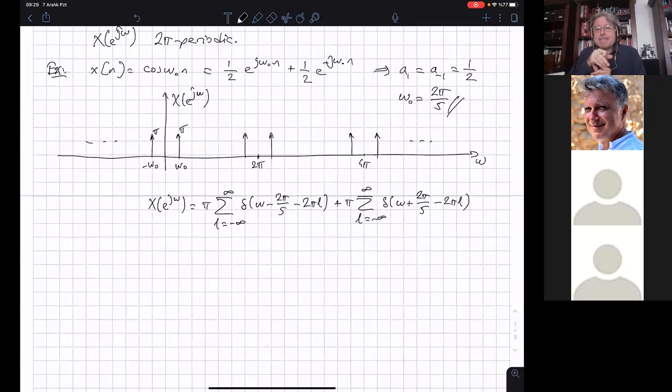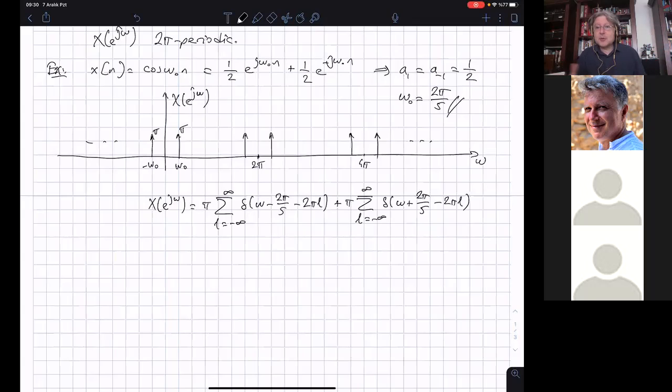Because it means that you have forgotten a fundamental concept of discrete time Fourier transform. And that fundamental concept is that the Fourier transform of discrete time signals must be 2 pi periodic. If you give me only two impulses, or you write down an expression corresponding to only two impulses, it violates everything very fundamental for the discrete time Fourier transform, the 2 pi periodicity.